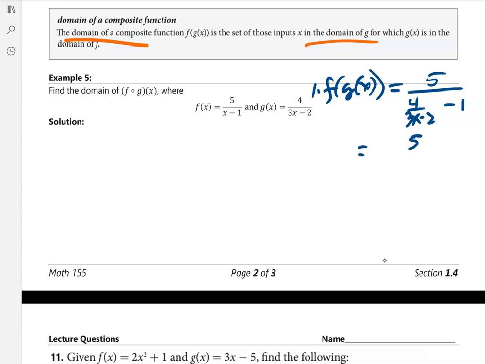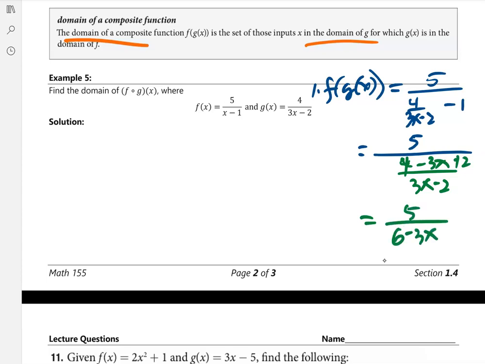That is now 5 all over, if I simplify this denominator here, 3x minus 2. That's 4. When I subtract this by negative 1, negative 3x, negative 1 times negative 2 is positive 2. So that is 5 over 4 plus 2 is 6 minus 3x over 3x minus 2.